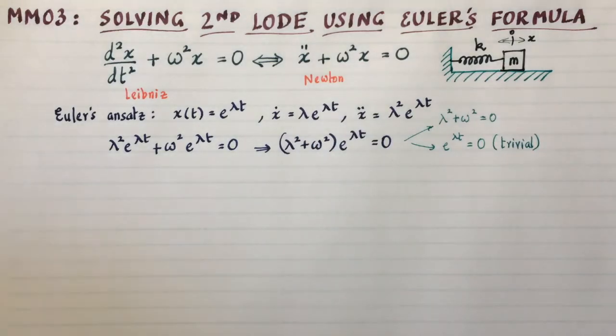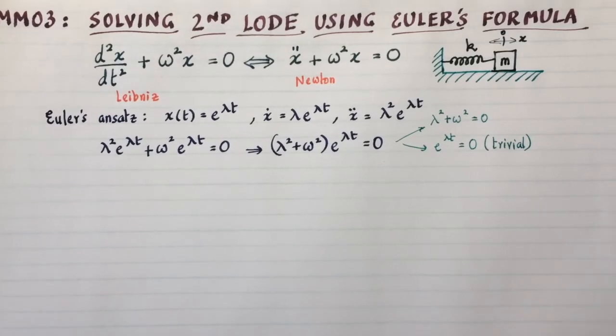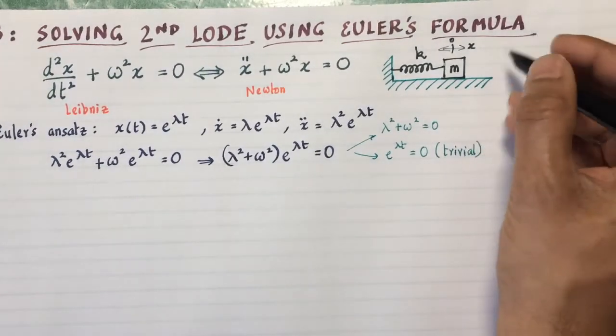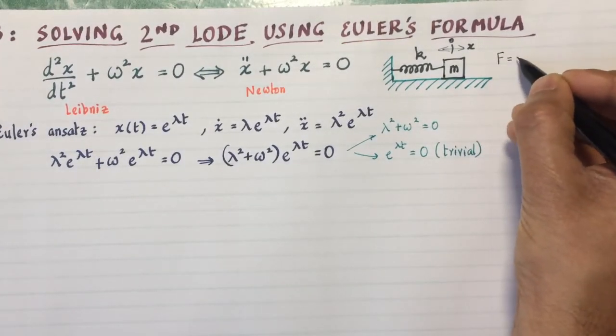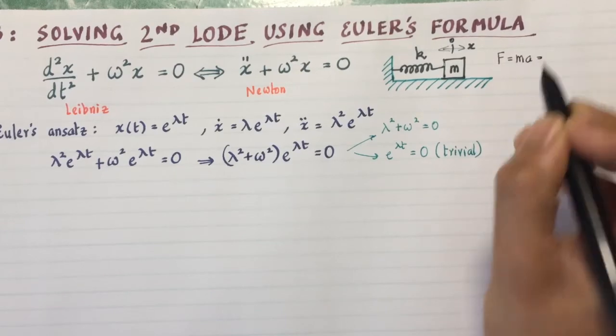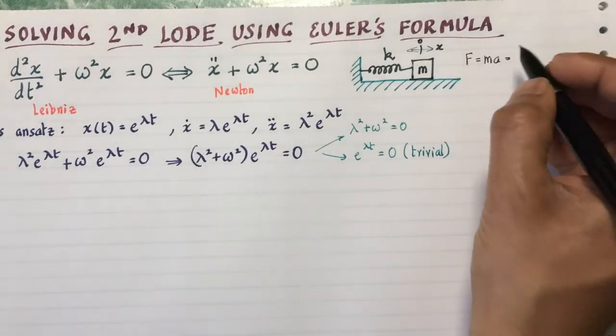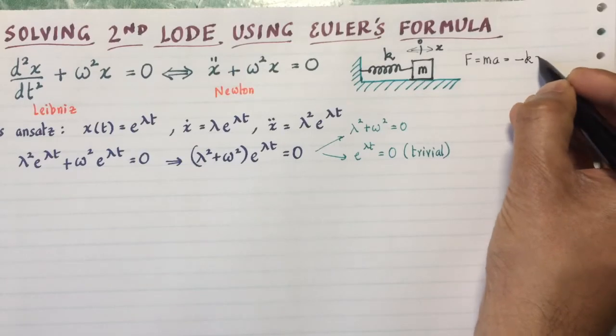and this equation is actually pretty easy to derive using physical considerations, because by Newton's laws, F equals ma, but F is also equal to the spring force, and the spring force by Hooke's law is negative kx.